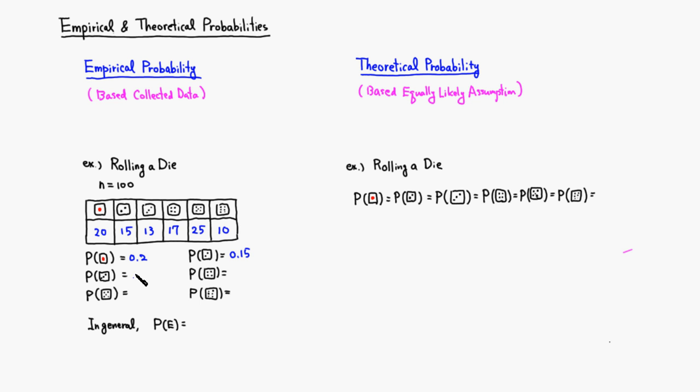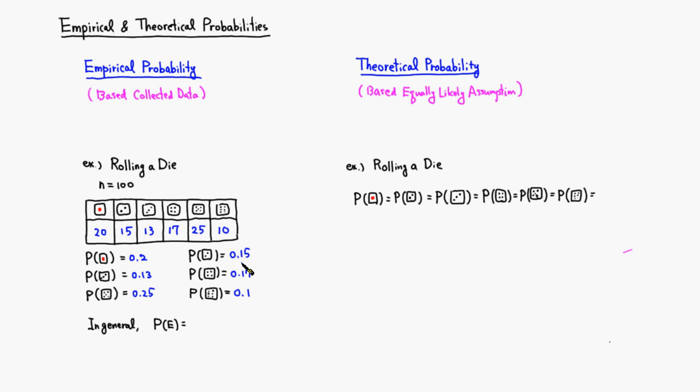Getting a 3 would be 0.13. Getting a 4 would be 0.17. Getting a 5 would be 0.25. And getting a 6 would be 0.1. So the probability assignment is based on collected data, and we use those as the probability for each outcome. This kind of probability is called empirical probability.